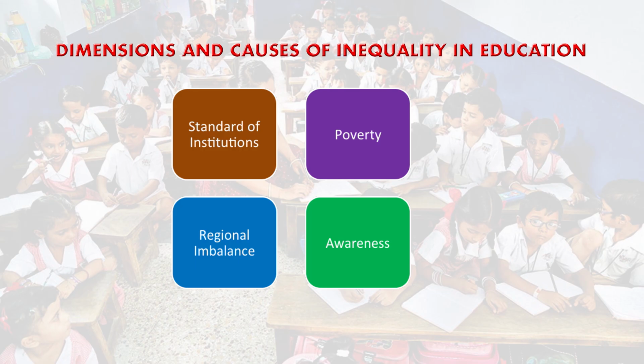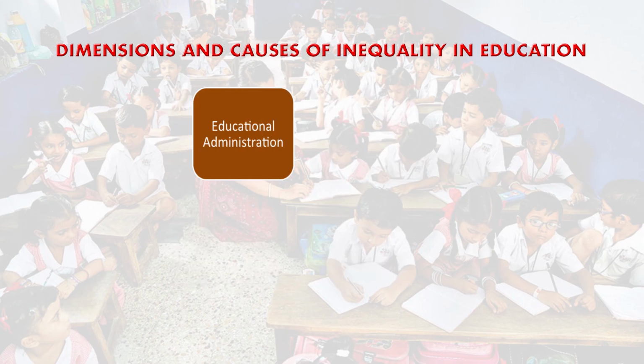The other dimension is educational administration, the administration that we provide to our schools, to our educational institutions. Okay. So, many a time if our administration is very proactive, and if our educational administration is able to handle the issues, able to create infrastructure for the learners and able to do things in time, then definitely that may help to achieve equality in education.